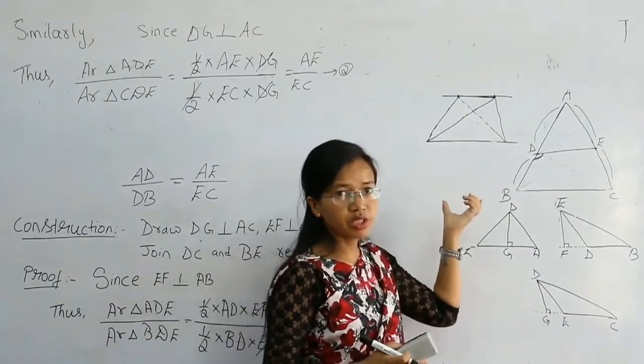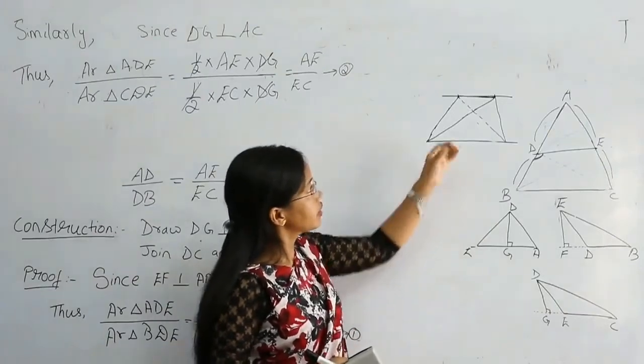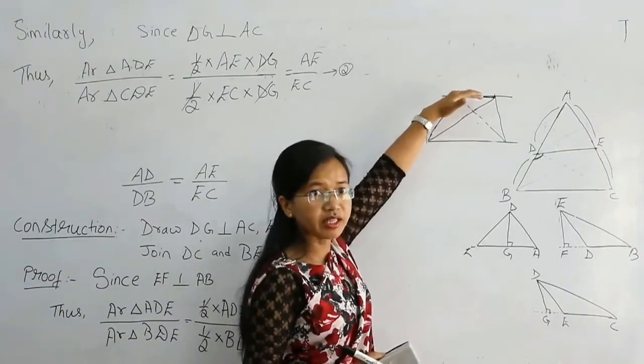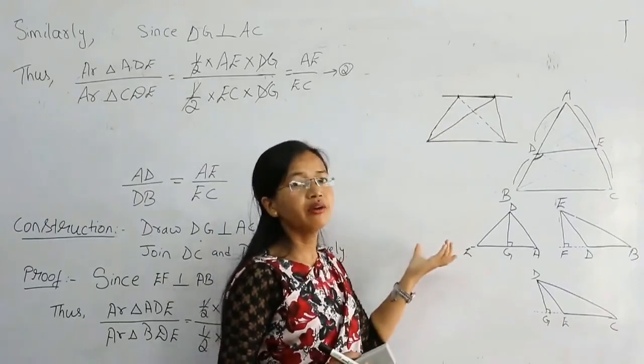So, there is one property which says that triangles sharing the same base and lying in between the same parallels, their areas are equal.